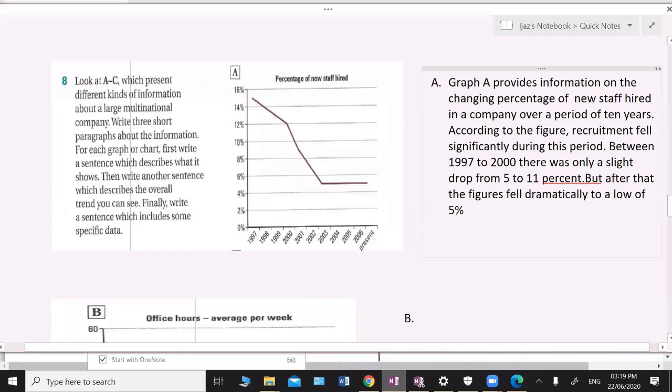So you can say that this is an overall trend which is explained there, and we need one last sentence. I think 3 sentences are already there.